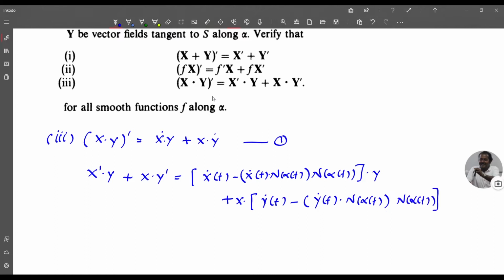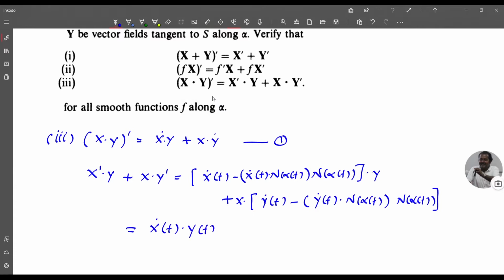So this is equal to, you know that n of alpha of t dot y is 0 because y is orthogonal to n of alpha of t. Y is in the tangent space, and since x is in the tangent space, x dot n of alpha of t is 0. So these two terms cancel.